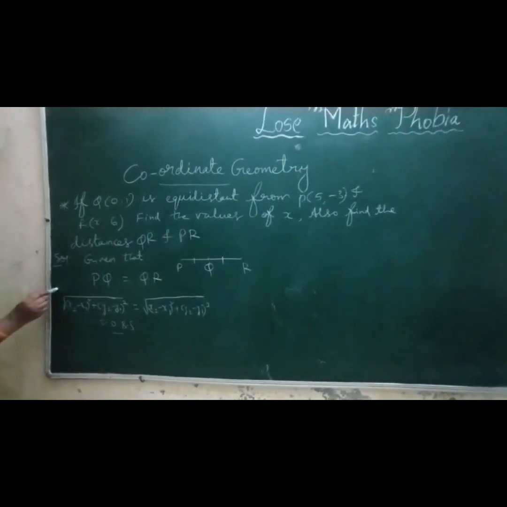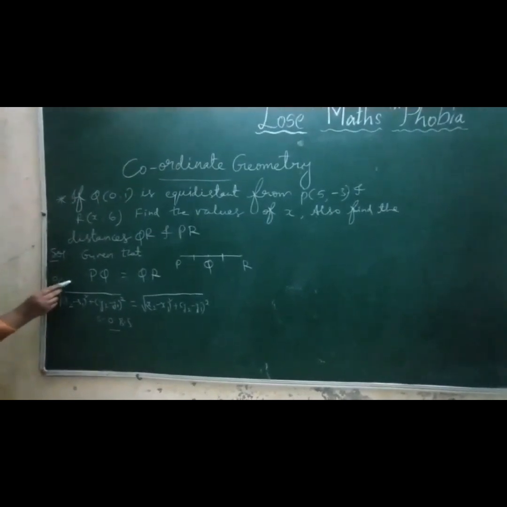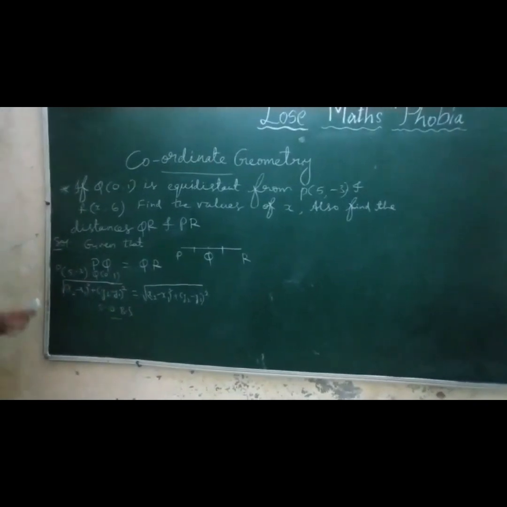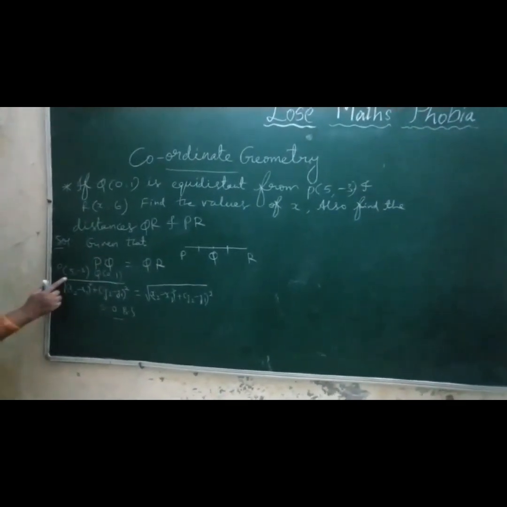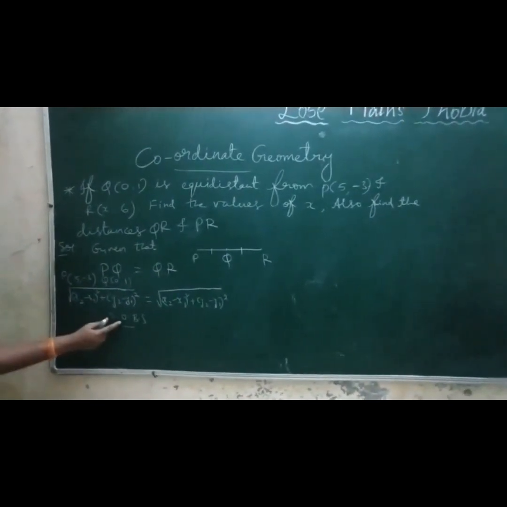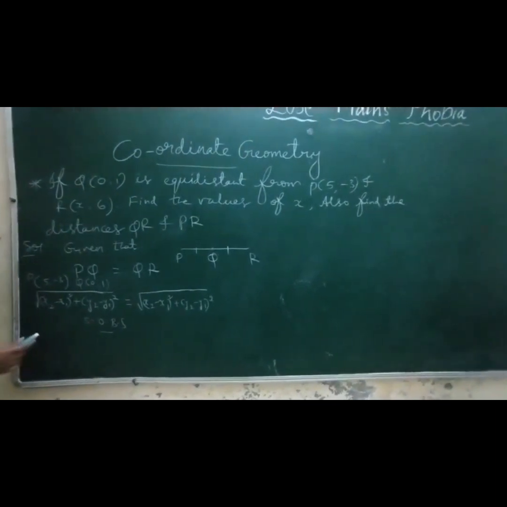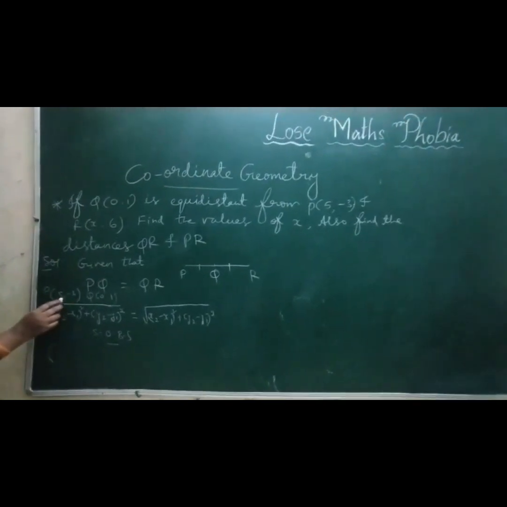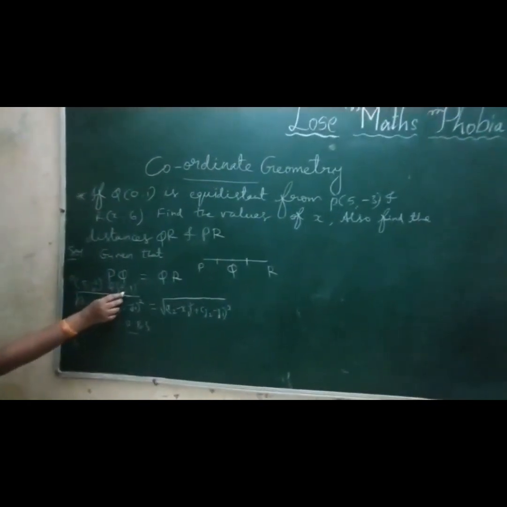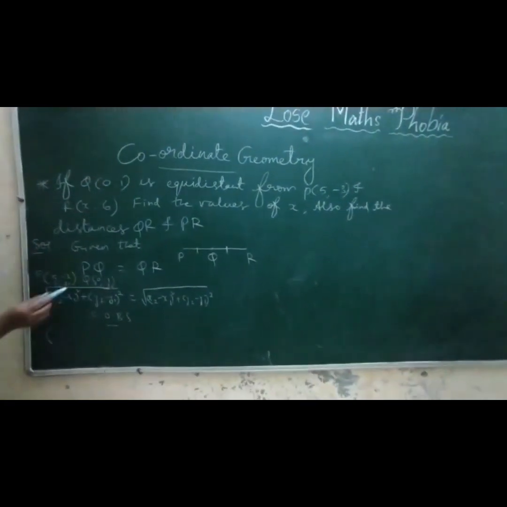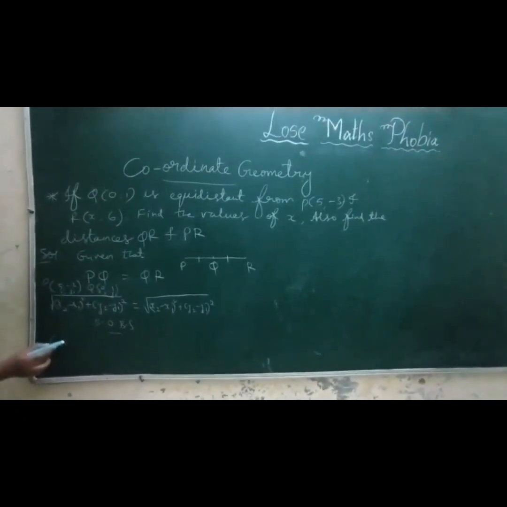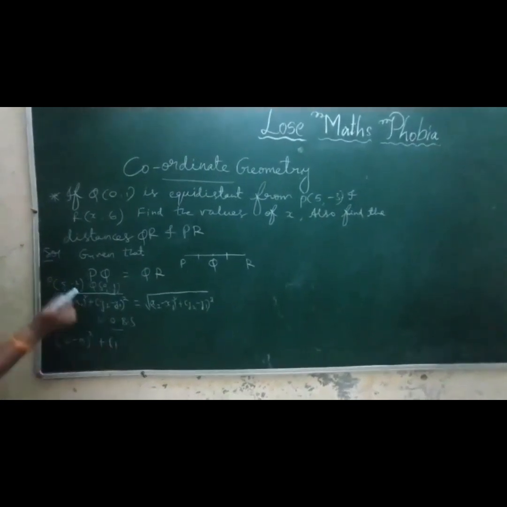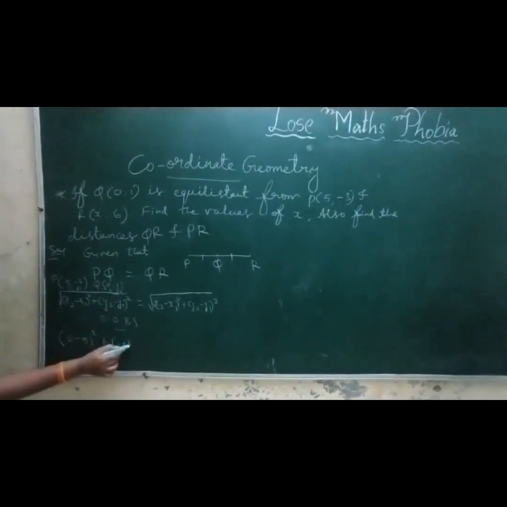Here let us take P(5, -3) and Q(0, 1). Let us find the distance by cancelling the root, because we are squaring. Square and root get cancelled. So let us take directly: this is x1 y1 and x2 y2. x2 minus x1, so (0 minus 5) whole square plus (1 minus of -3) whole square.